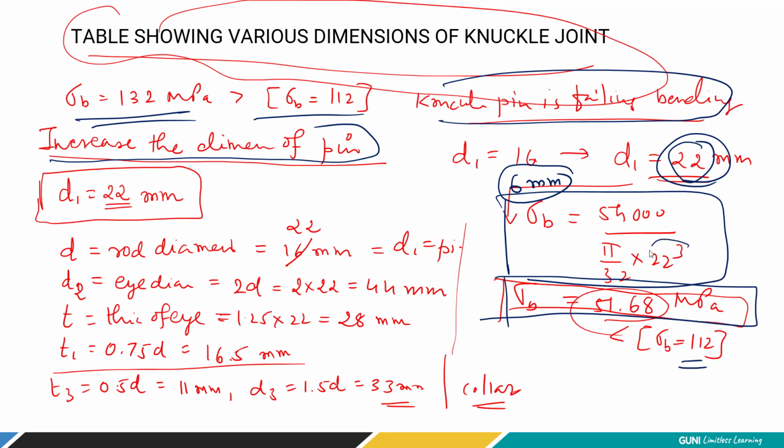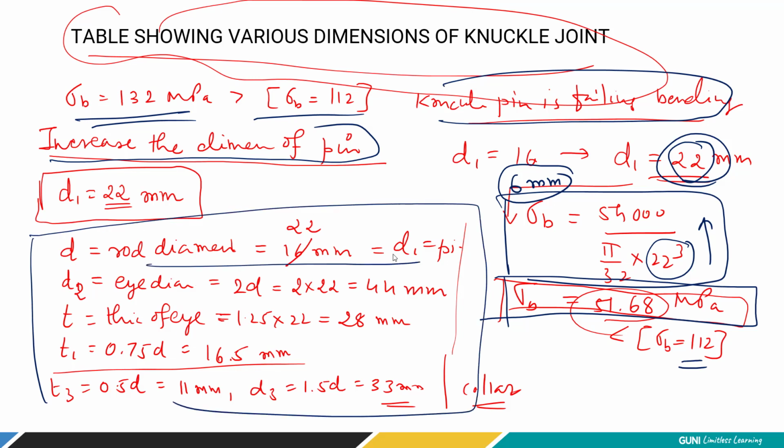तो हमने क्या किया? पिन का diameter बढ़ा दिया. Once you increase the pin diameter, we have to change all the dimensions. Now this is the dimension table, right? रोड डायमीटर कितना है? अब 16 नहीं लेंगे हम, पिन का डायमीटर कितना लेंगे? 22 लेंगे. ठीक है.